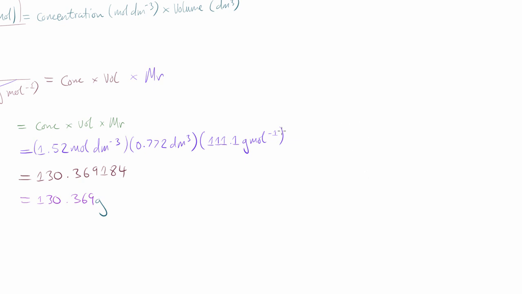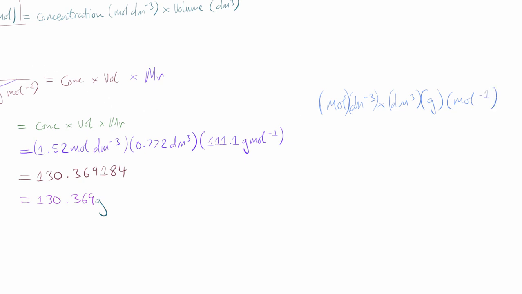So we've got moles per dm³ multiplied by dm³, and I'm going to modularize this a bit more: moles multiplied by dm³ to the minus 3, multiplied by dm³, multiplied by grams multiplied by moles to the -1.